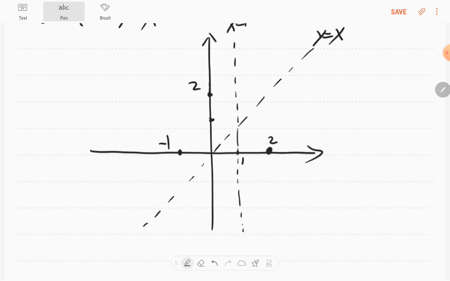We need to go through these 3 points, so the curve looks like this. It never crosses the vertical asymptote. So this is our curve.